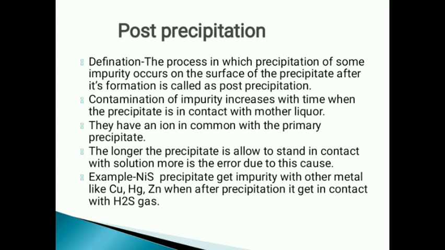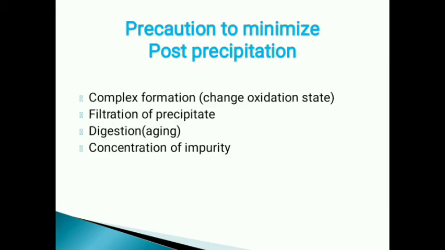An example of post-precipitation is this: nickel sulfide precipitate gets impurity from other metals like copper, mercury, zinc when the precipitate is in contact with H2S gas. This is a well-known fact studied in the inorganic qualitative analysis process. During that process, when we separate nickel from the mixture, if it is in contact with H2S, it gives some amount of copper, mercury and zinc as an impurity in our compound.